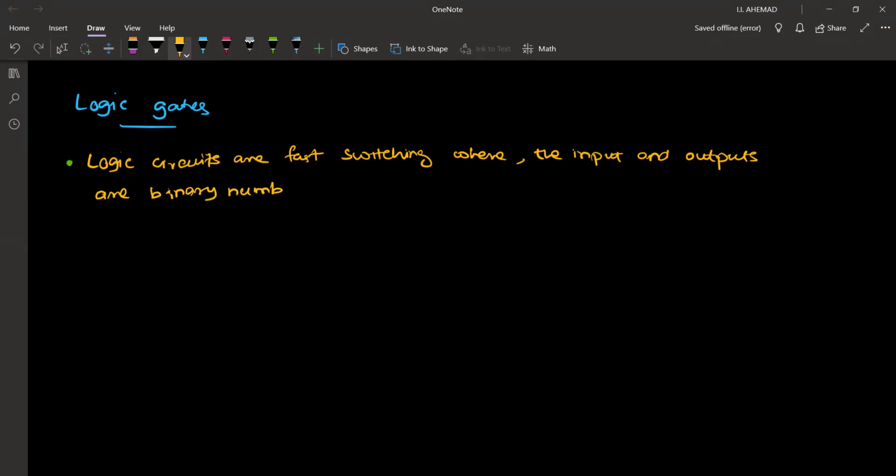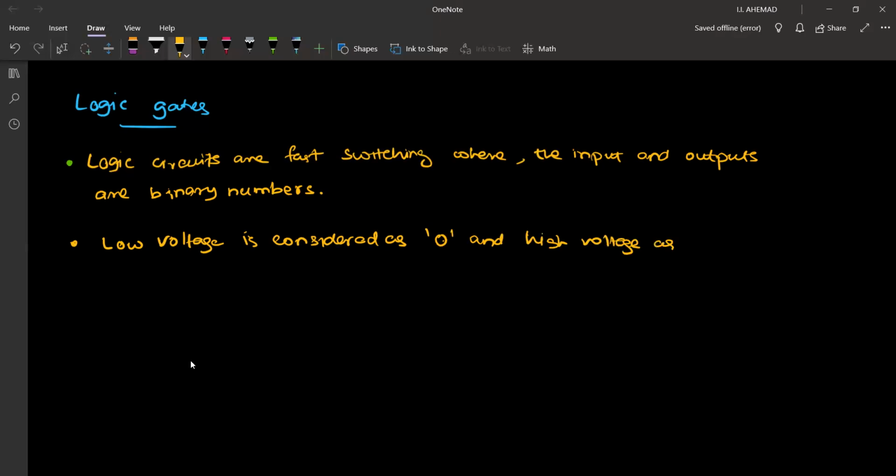So what are the binary numbers? It's 0 or 1. So the input and the output can only be 0 or 1. Here, low voltage is considered as 0 and high voltage as 1.